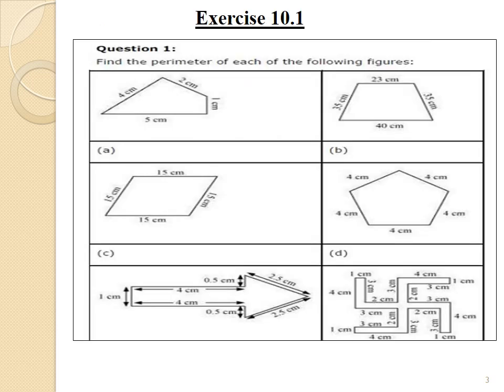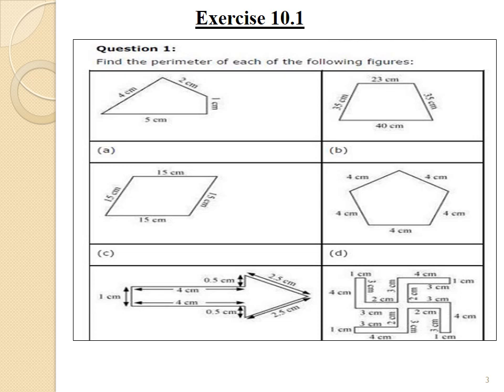Exercise 10.1, question number 1. Find the perimeter of each of the following figures. Students, in this question, we have to find out the perimeter of the given figures. Students, we know that perimeter is the total length of the boundary of a plane closed figure.